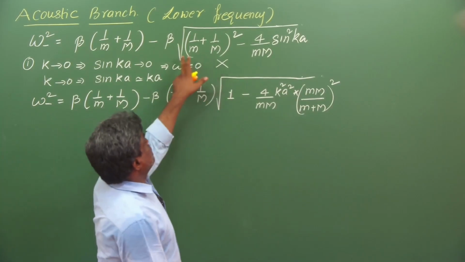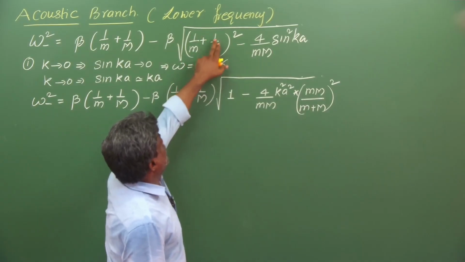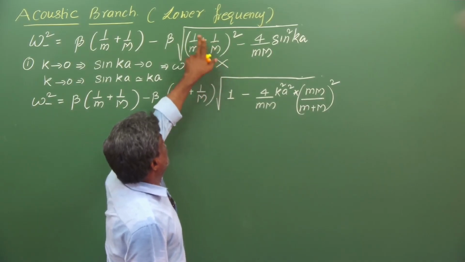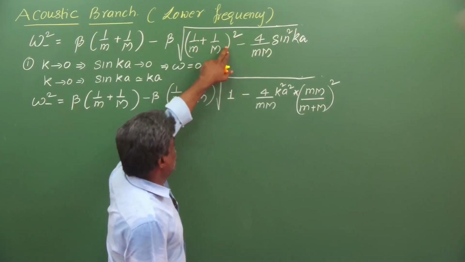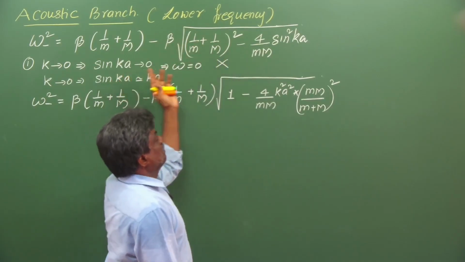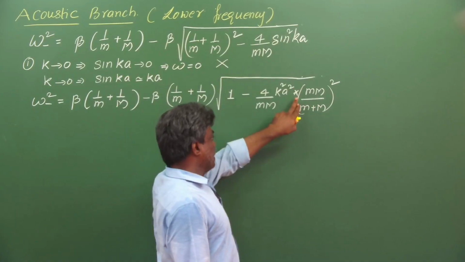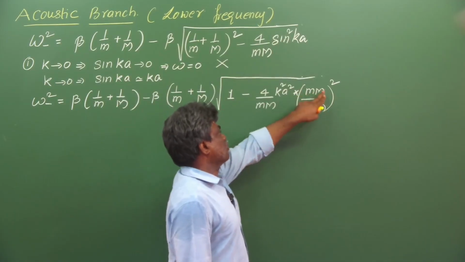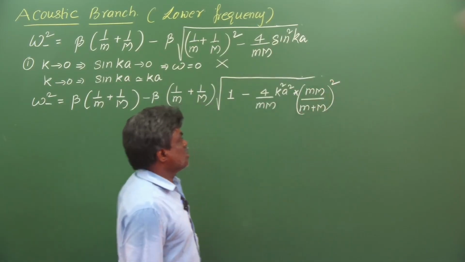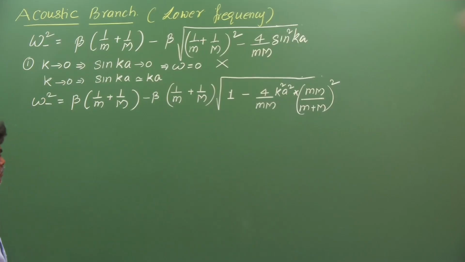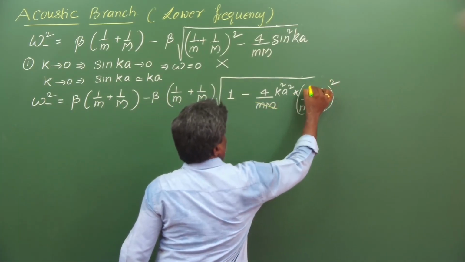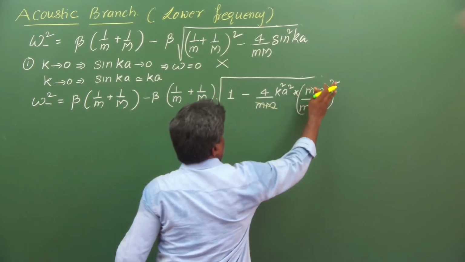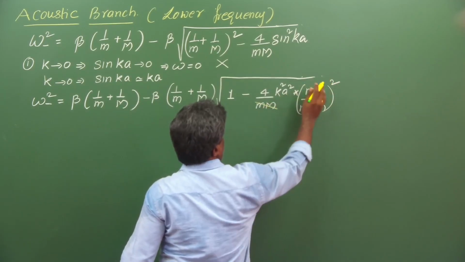If you take this common, 1 by small m plus 1 by capital M, which is nothing but small m plus capital M by small m capital M whole square. That you have taken common, but here it is not there. That's why into reverse, small m capital M whole square by small m plus capital M. Now cancel this term.